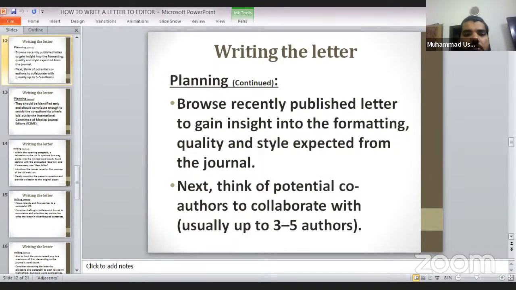And the next step is a really important aspect and step, that is collaboration with the co-authors. You should team up rather than being a one-man army.